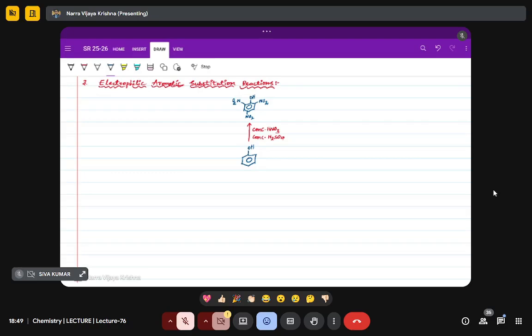So you will get picric acid. Acceptable or not? Now, at the same time, can I say concentrated HNO3 is a very good oxidizing agent? This oxidizing agent can oxidize phenol. If phenol is oxidized by an oxidizing agent, what will it form?